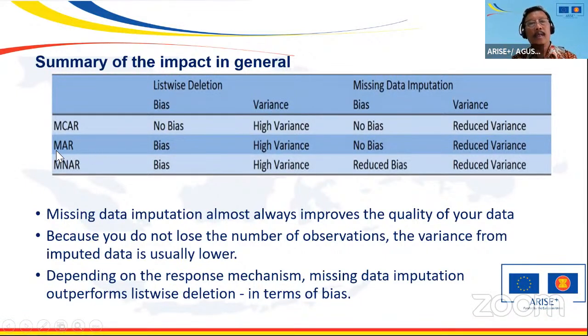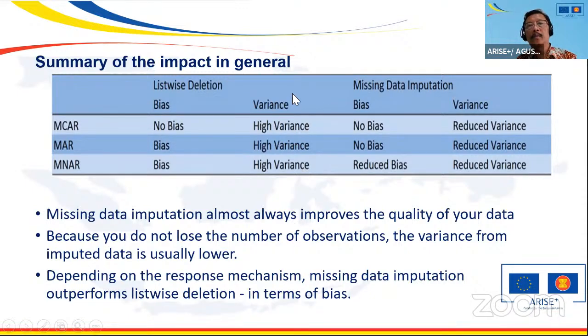MAR is still biased, and the variance is still high also, because normally the imputed value is smoother, not really representing the variability of the sample. And MNAR will also be biased with high variance.